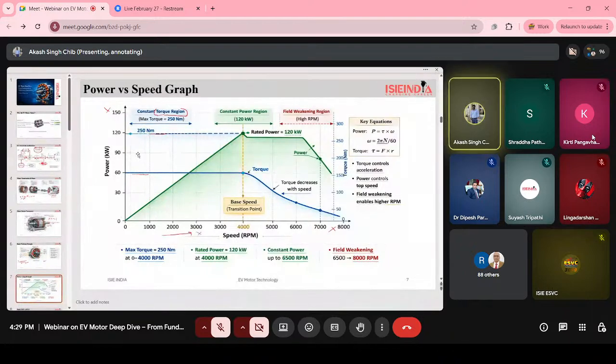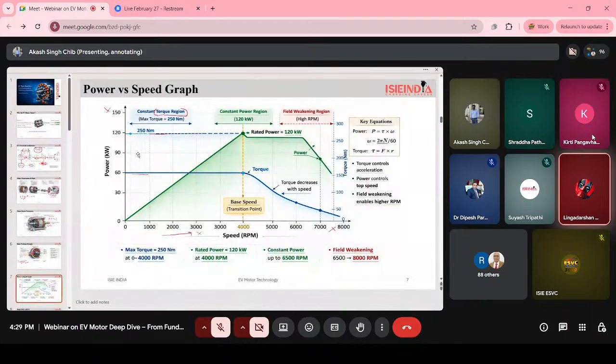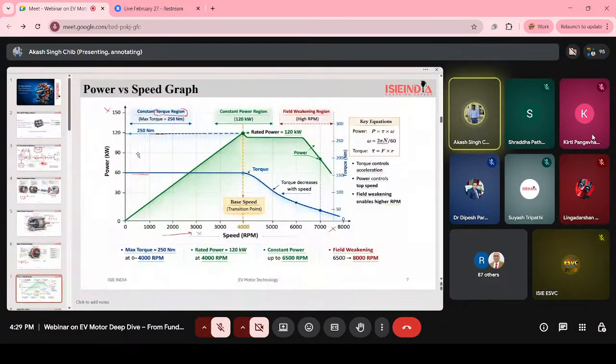Yes, starting speed. Yes. Torque is the pulling. Basically, torque is our pulling power. So we need torque to rotate the wheel.